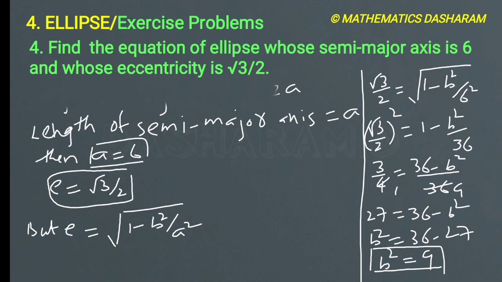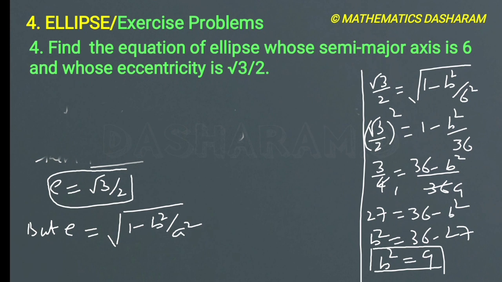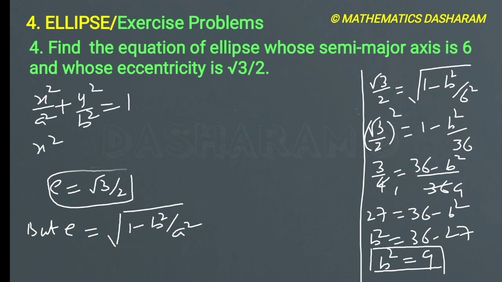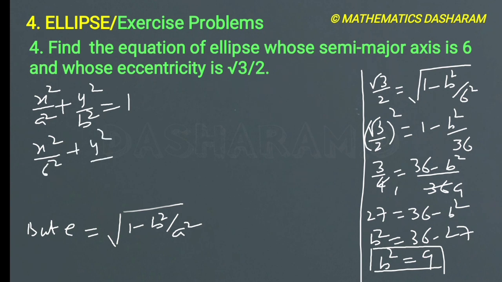So then the standard form of an ellipse is x square divided by a square plus y square divided by b square equals 1. Let's substitute the values in this. So x square divided by a square, a value is 6, y square divided by b square, we have a direct value for b square, that is 9.